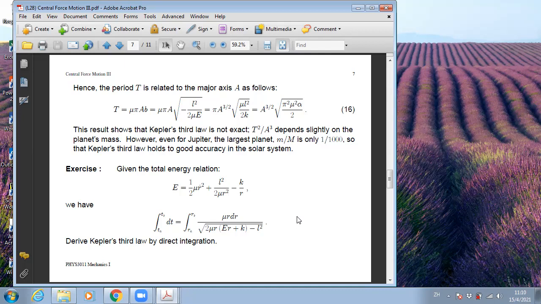So you perform completing square, right? Just like what we have done for the orbit. But then how are we going to take care of this r here? This one.